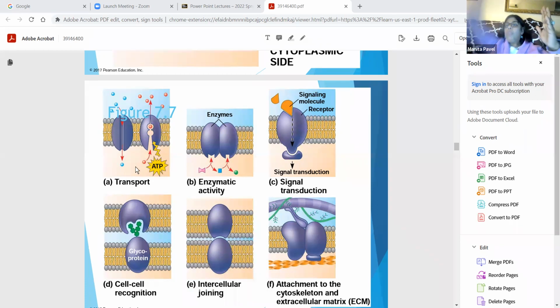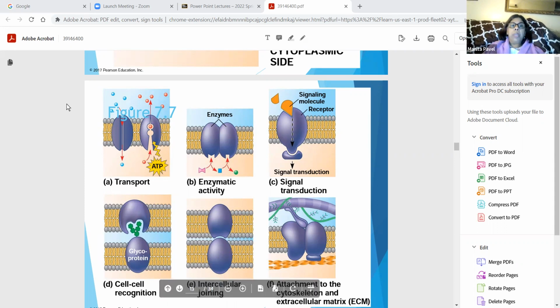But if they move from low to high, see, I had to push my hand up because they're going from low concentration to high, then energy is required by the cell to move or transport the substances. What is the energy currency of the cell? ATP. And so we can see here that ATP is being used to shuffle out the larger molecules across the cell membrane.